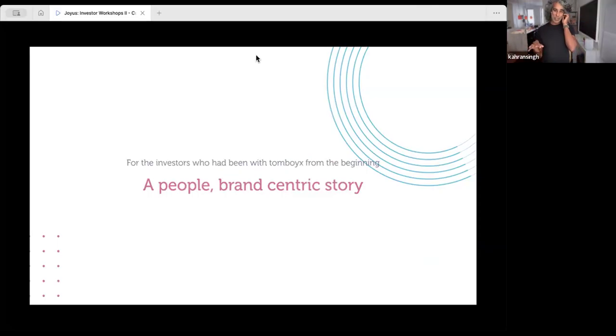Let me just pause there for those who are not as familiar with these terms. A down round means that the company is going to be valued at less than it was previously valued. What happened for Tomboy X was in 2019, we were valued, if I remember correctly, almost at 30. I think 30 was pre even. It may have been $40 million post money.